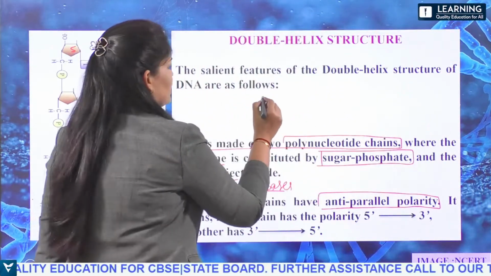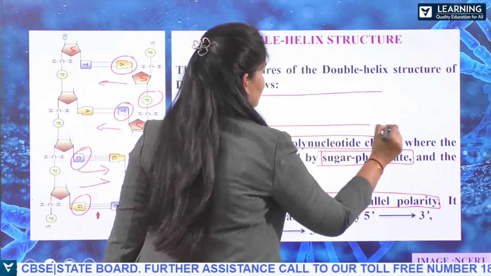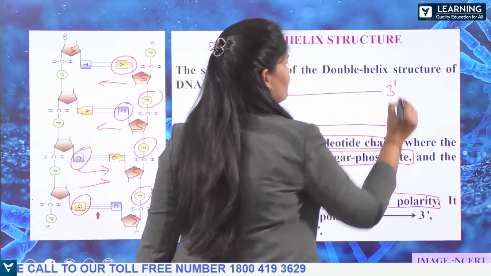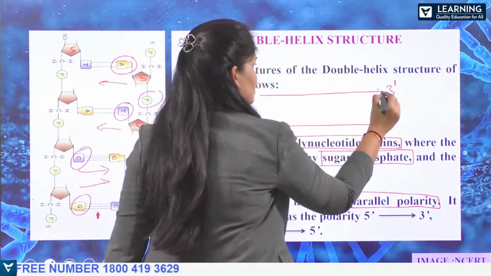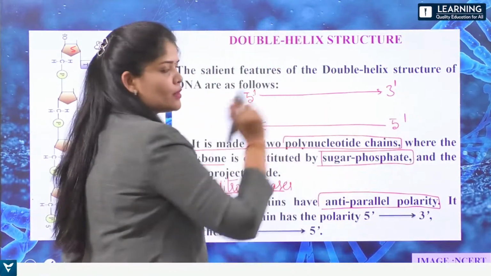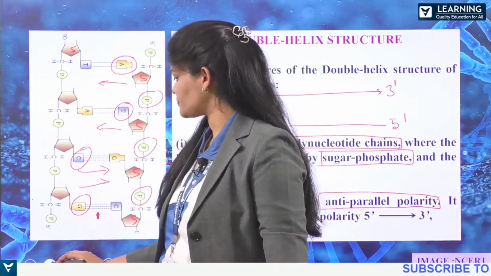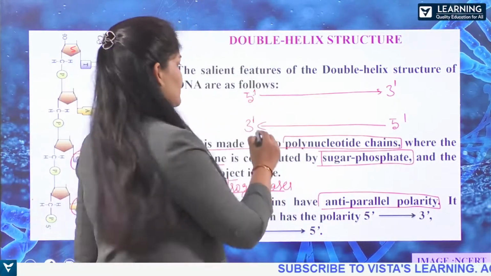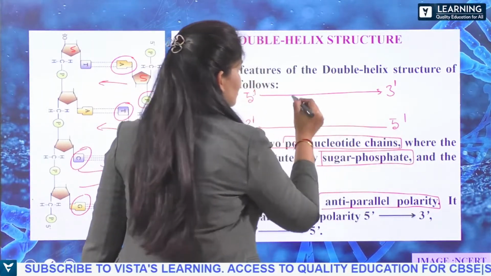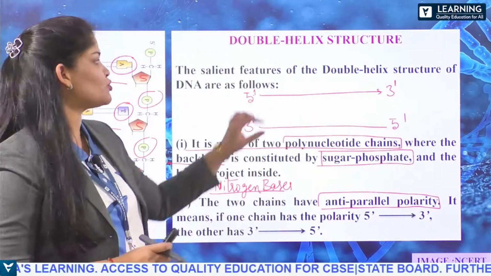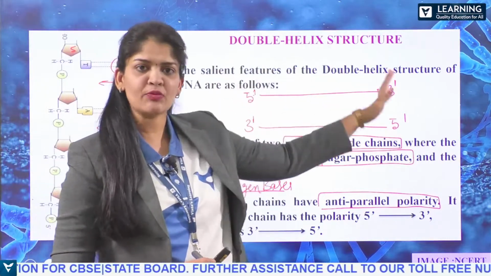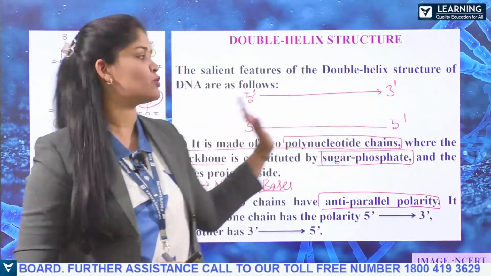So if one strand runs from 5 prime to 3 prime, then the other runs from 3 prime to 5 prime. These are the two chains of the double helical structure of DNA, where one runs in the 5 prime to 3 prime direction and the other in the 3 prime to 5 prime direction.